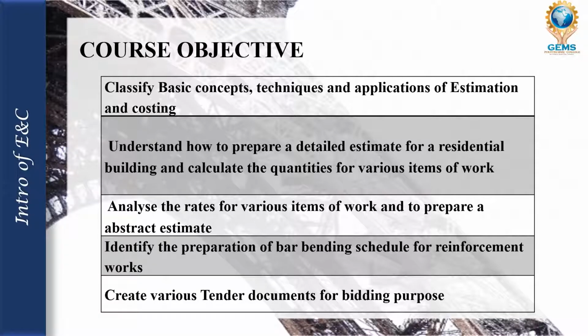All the rates, the materials and labor costs, we have to analyze. Fourth, identify the preparation of bar bending schedule for reinforcement works. Bar bending schedule is a list of reinforcement bars for a given reinforced concrete work.